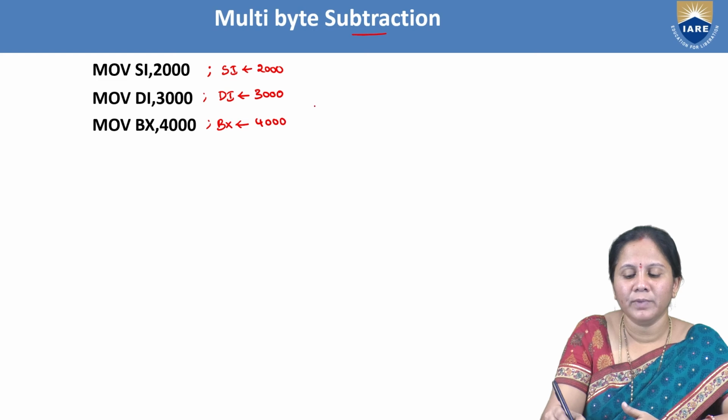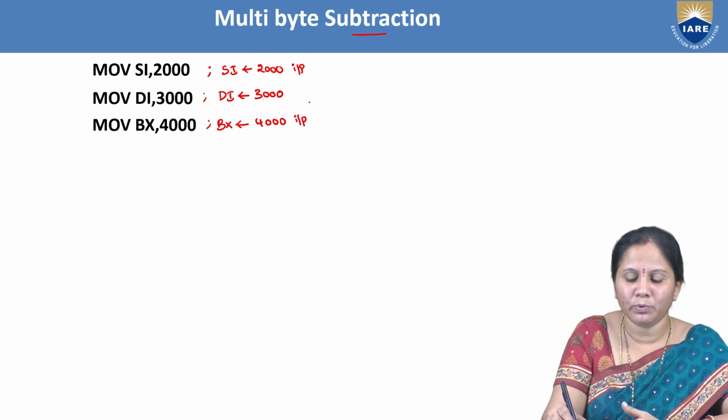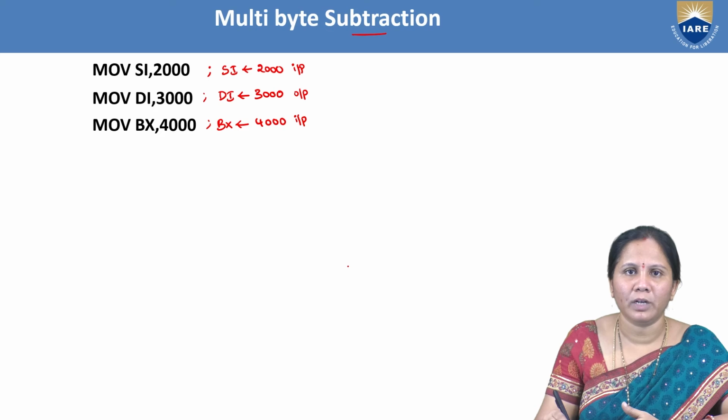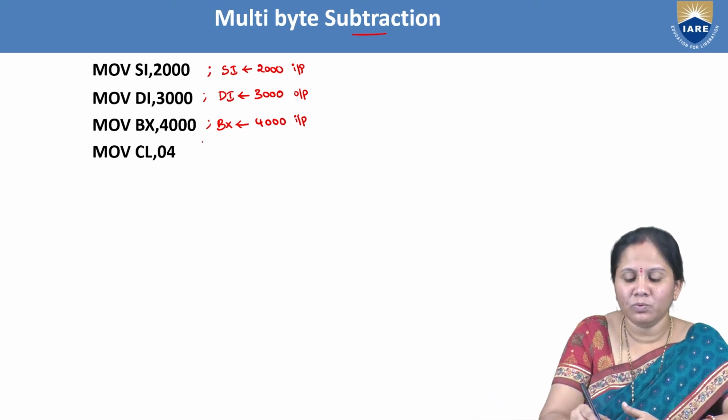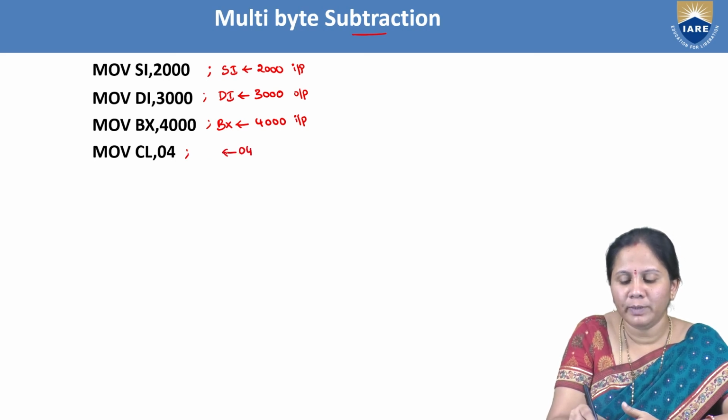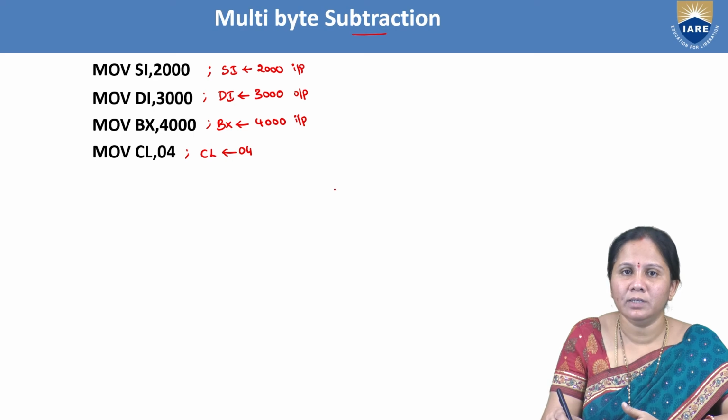So here this SI is stored input. This BX is used to store the input only, but here DI is used to store the output value. And next one is MOV CL, 04. That means the value 04 will be loaded into the CL register.